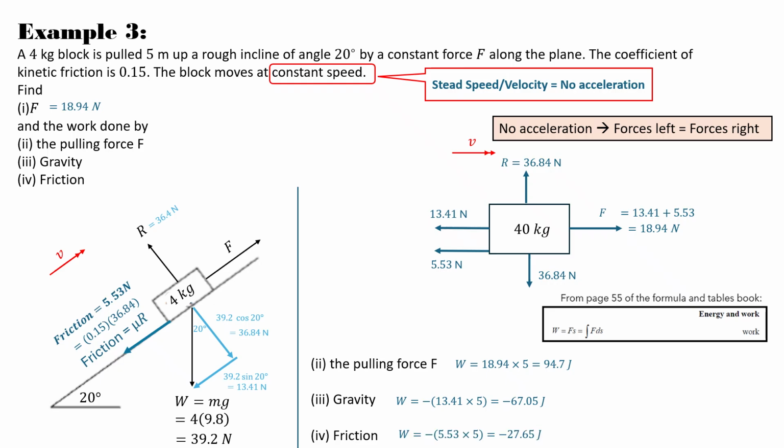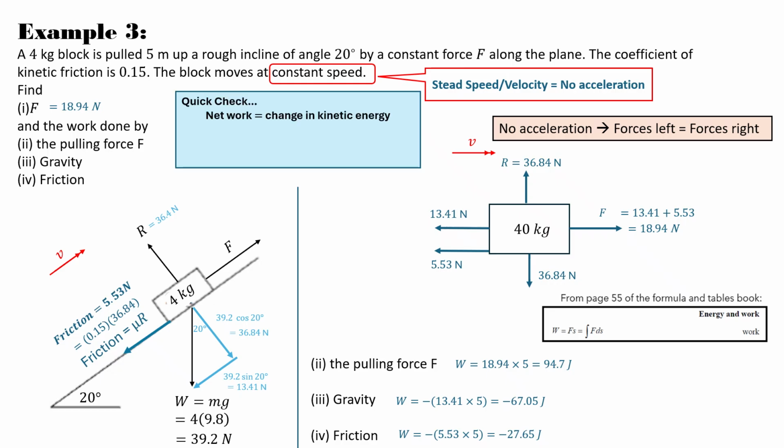And then our last one is friction. Again, that's going to be a negative work. So it's 5.53 by 5, which gives us minus 27.65. Now, if you want to do a quick check, the net work should be equal to the change in kinetic energy. Remember, we're at constant speed, therefore the change in kinetic energy is 0, because constant speed means the kinetic energy is staying constant.